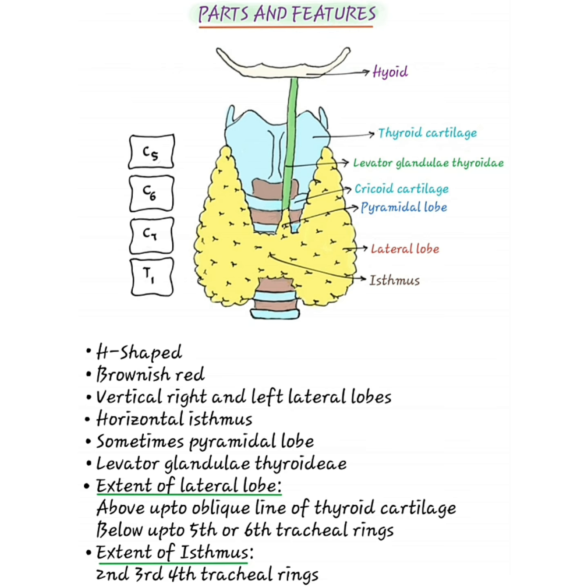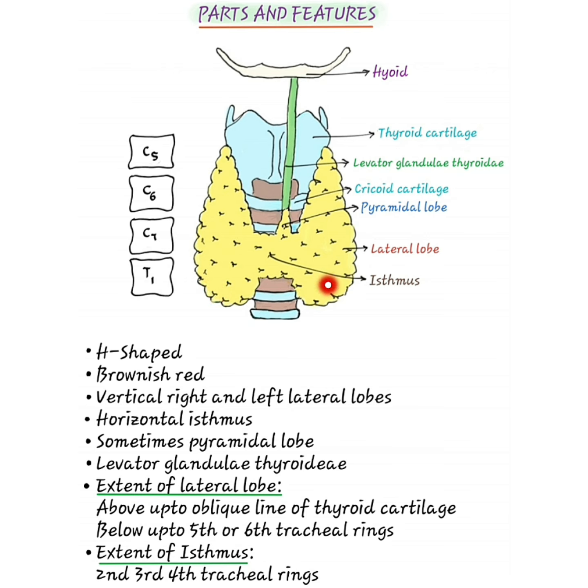Parts and features. It is an H-shaped gland. You can see it is H-shaped. It is brownish red in color. It consists of vertical right and left lateral lobes. You can see they are vertical.